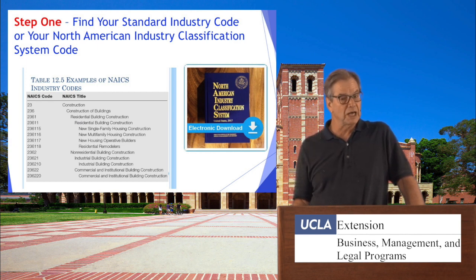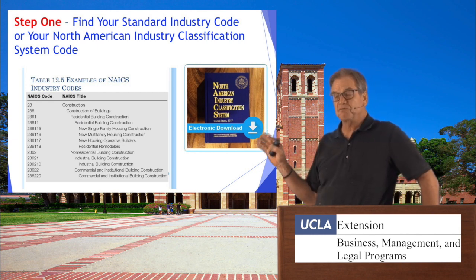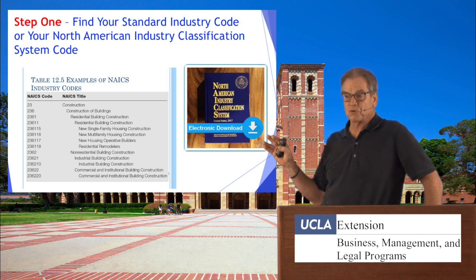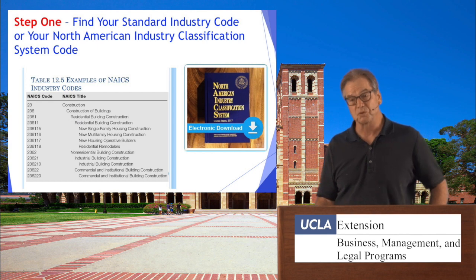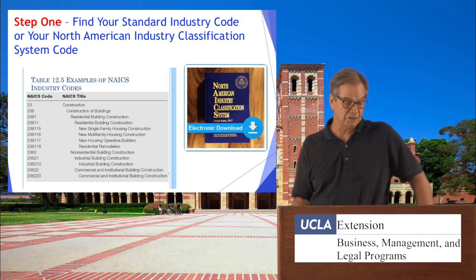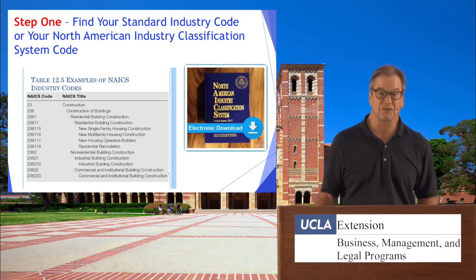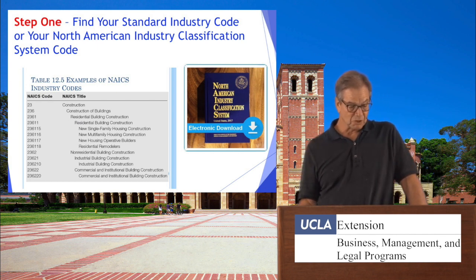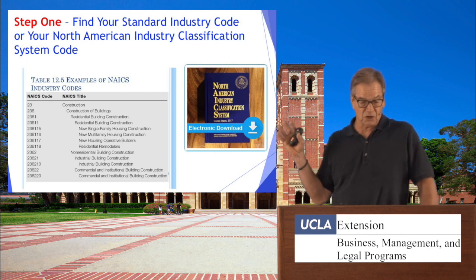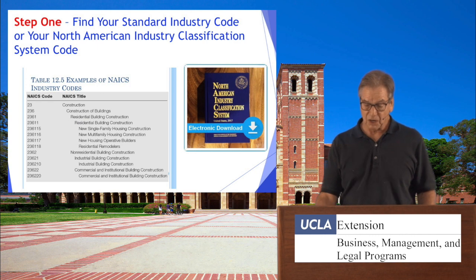Also know that some of this published information, which we're going to get to, is very expensive. But through academic institutions, as well as your bank, if you go into the business lending division of your bank, banks often subscribe to these services, and you can get them free through financial institutions. But anyway, step one is finding our SIC code number, and there are many resources out there to find it.